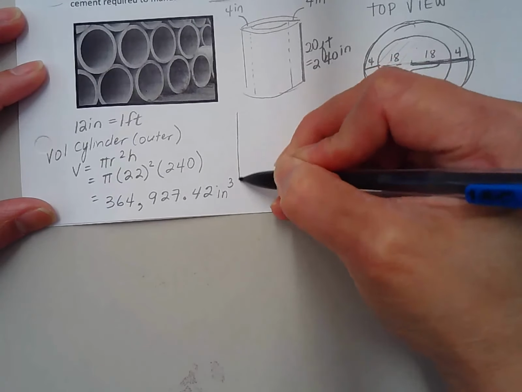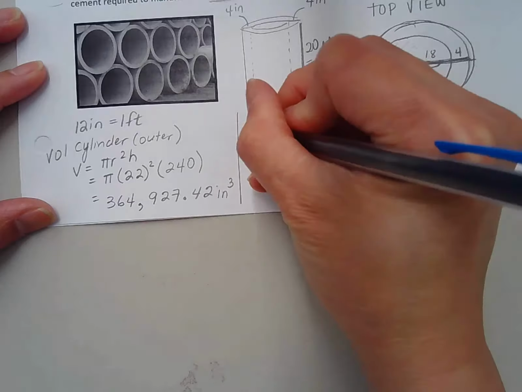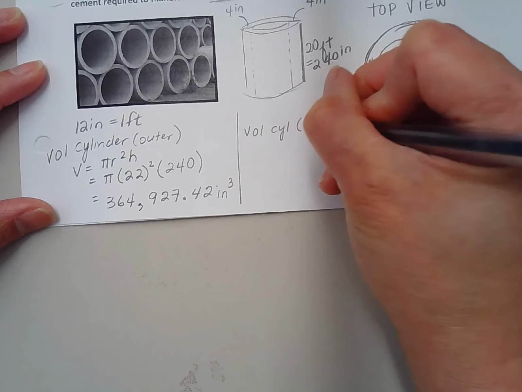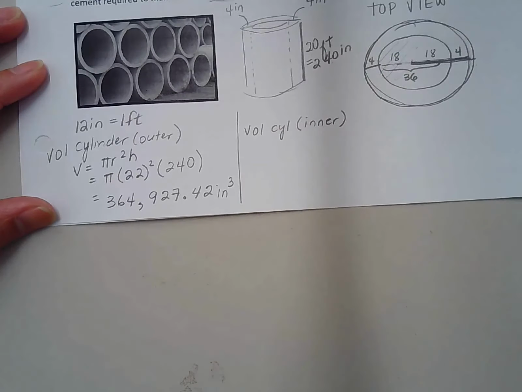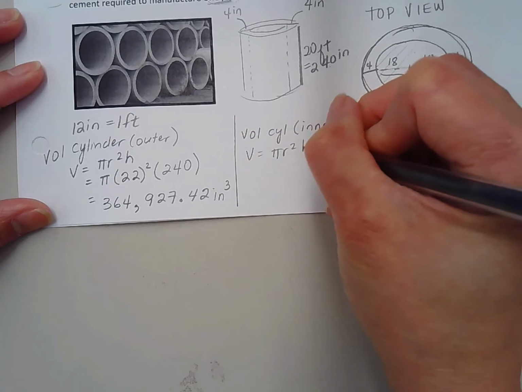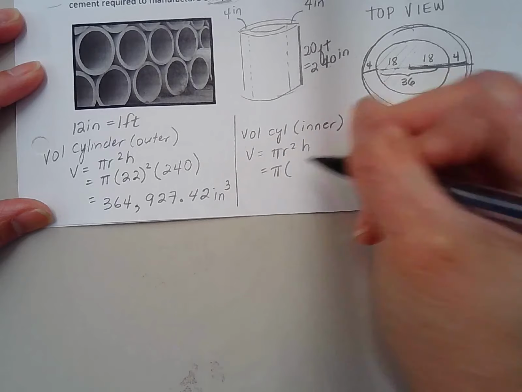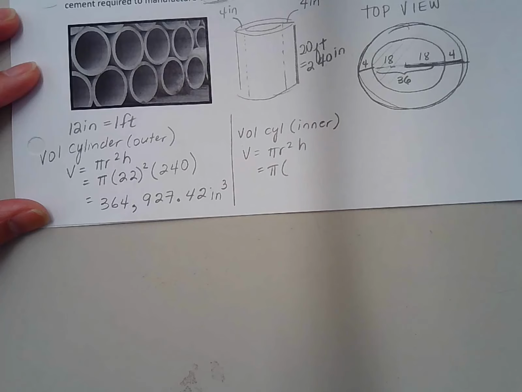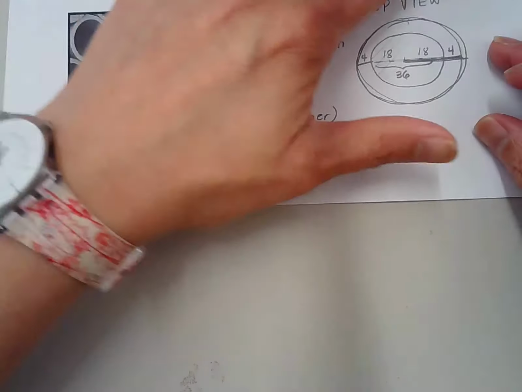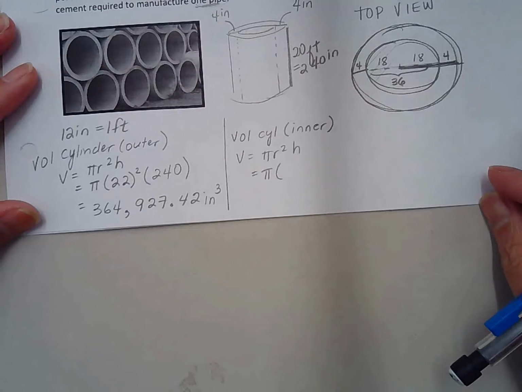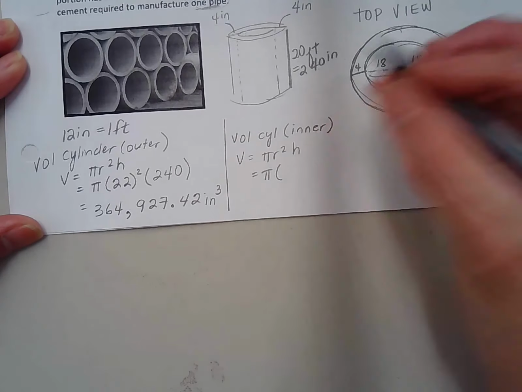Now let's do the volume of the inner. Volume of cylinder, but it's the inner cylinder that we're talking about. So volume of the inner is pi r squared times height. What's the radius of the inner cylinder? We're taking a look at the inner circle. 18, yeah.